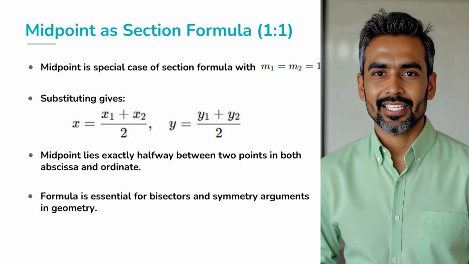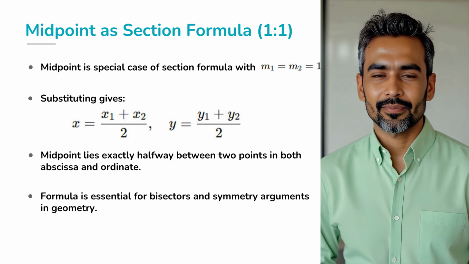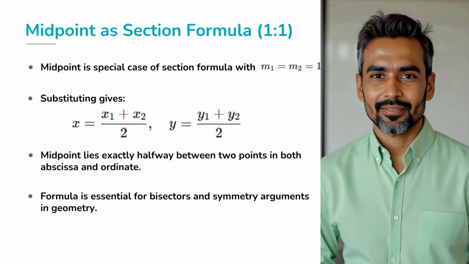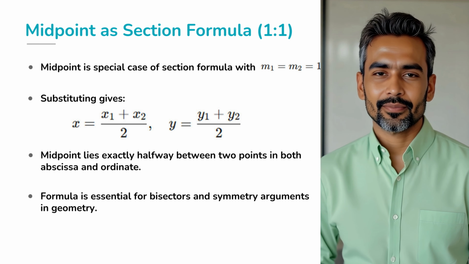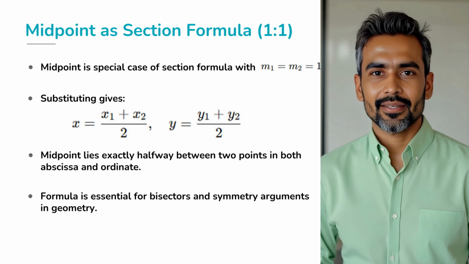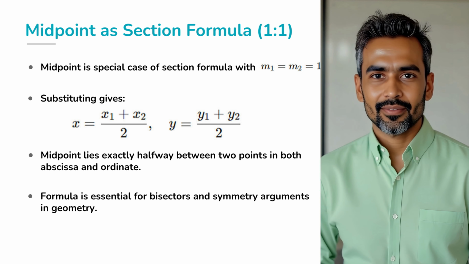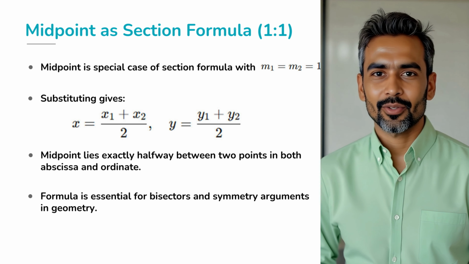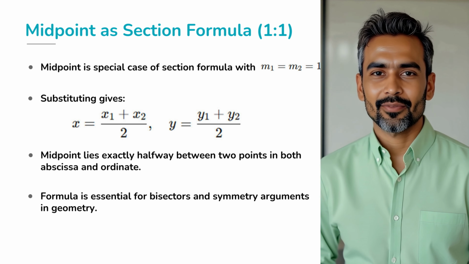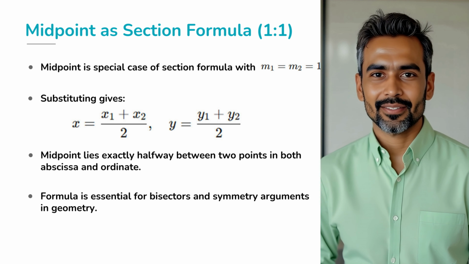Let's take a special case, the midpoint. Imagine two friends want to meet halfway between their houses. Where do they meet? Exactly at the average of their locations. So if A is at x1, y1 and B is at x2, y2, then midpoint M is at open bracket x1 plus x2 over 2, y1 plus y2 over 2 close bracket.